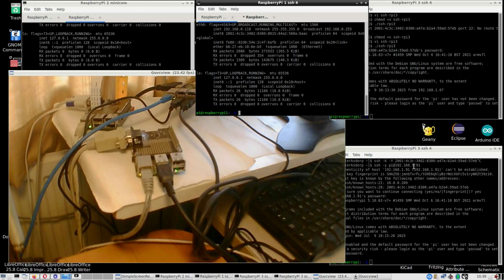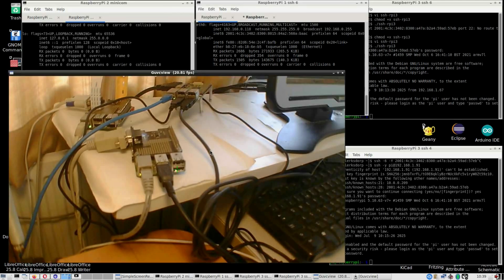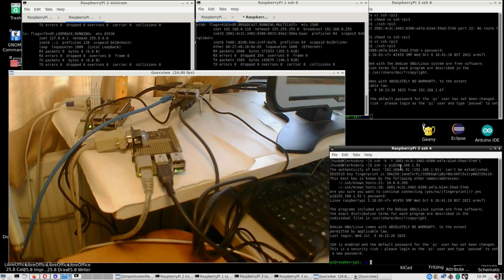And to my surprise, when investigating the network connection to the Raspberry Pi 3, I suddenly found I had a 1 subnet connection, and that is quite nice.